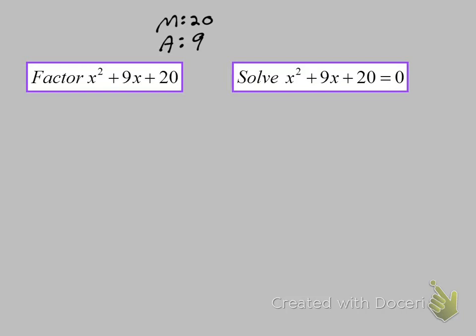Starts with a C. CLT, combine like terms. So those two numbers had to add up to equal the middle, which is 9. So in this case, you're going to turn that trinomial into two binomials.